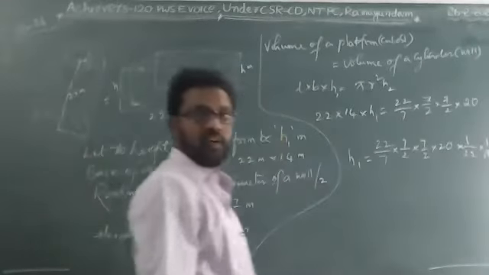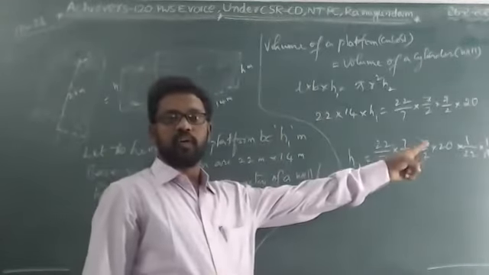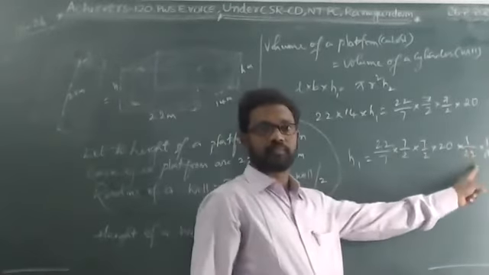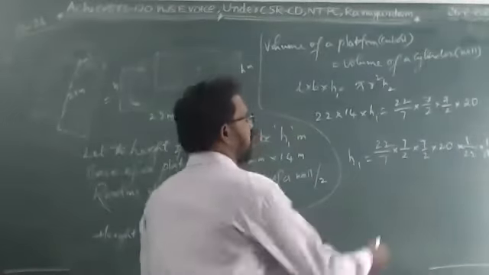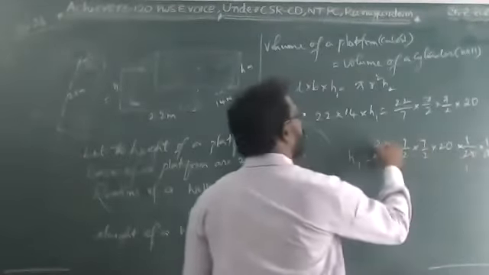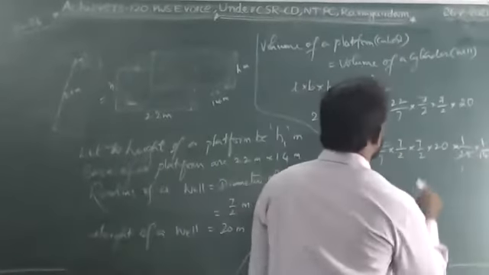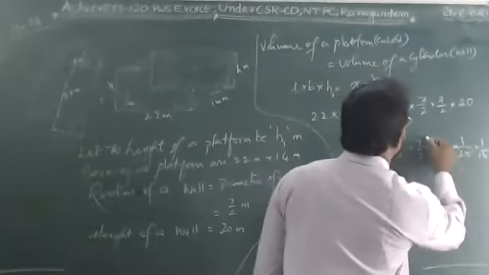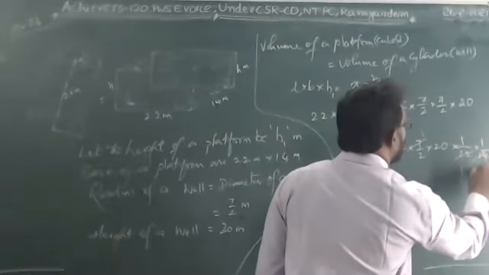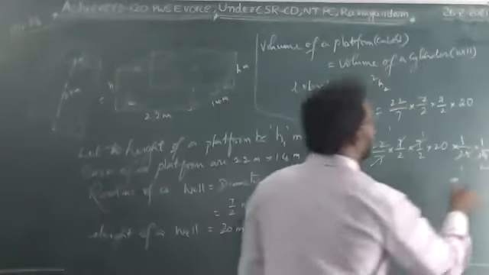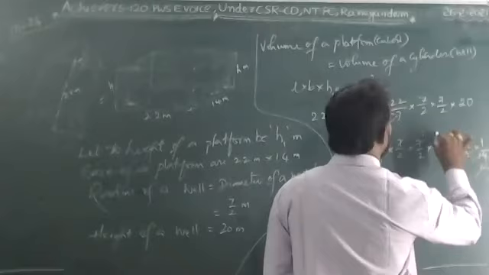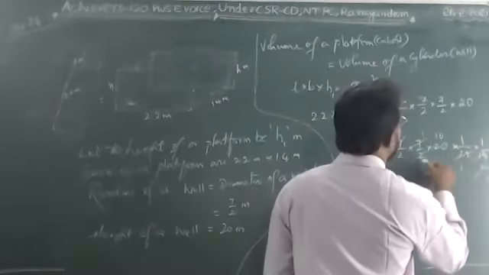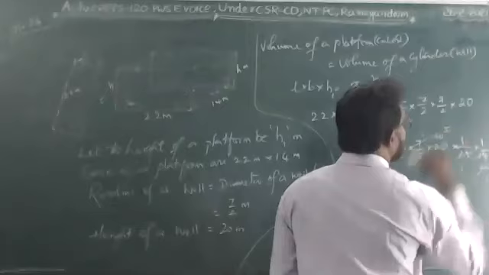Now 22 ones are 22, ones are simple calculation, and 7 cancels. 7 ones are 7, 7 twos are very easy calculation, and 2 ones are 2 tens, and one more 2 ones are 2 fives.